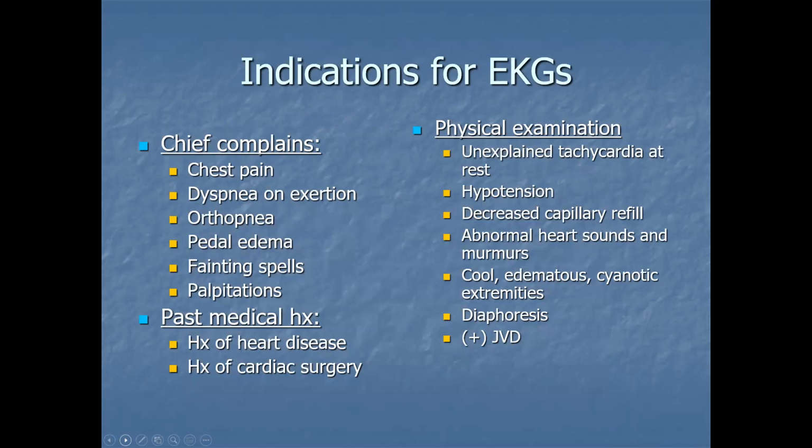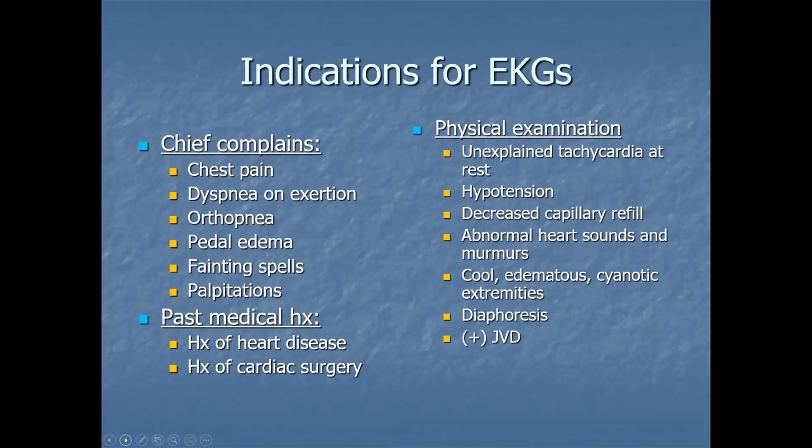So if they go from a laying position to a standing position, they may have some issues there. Or if they just plain and simply have difficulty breathing when they're laying down in a supine position, that could be another form of orthopnea. Pedal edema, again, swelling of the ankles, the gravity dependent areas of the body, fainting spells, palpitations.